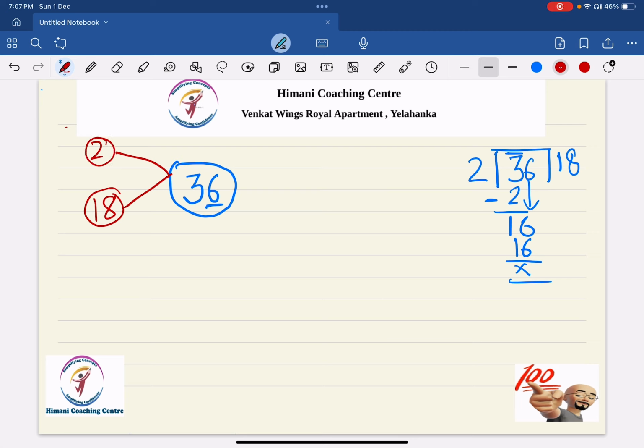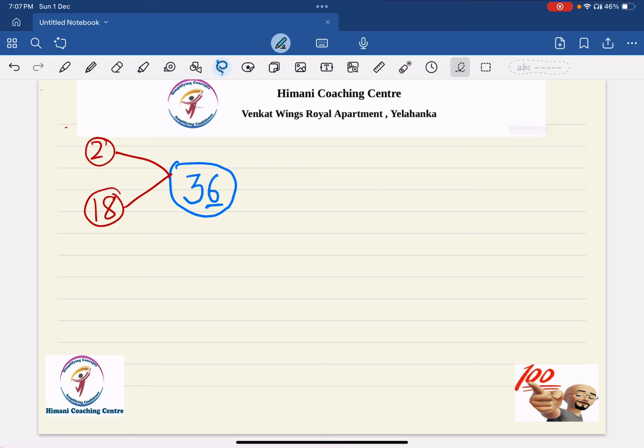Now let us go to the next one. Check the addition of the digits 3 and 6. What will you get? 3 plus 6 gives us 9. Now, is 9 a multiple of 3? Yes. That means 36 is divisible by 3.